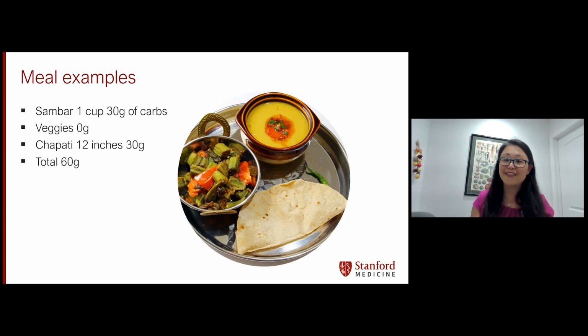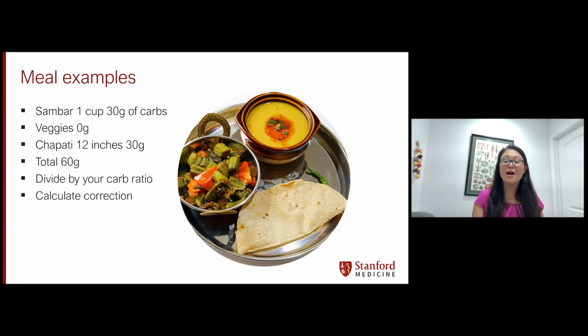So when I look at a meal like this, I also want to think about looking at pre-meal blood sugar before this meal, and thinking about how many units of insulin you're going to give based on the 60 grams of carb. Everybody has a different carb ratio. So maybe your carb to insulin ratio is 10, for example. So you would give 6 units for this meal, plus a correction factor if your blood sugar is above the goal that's set.